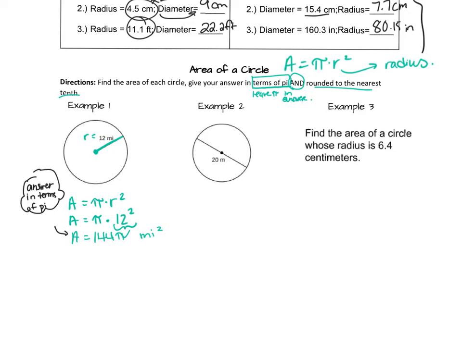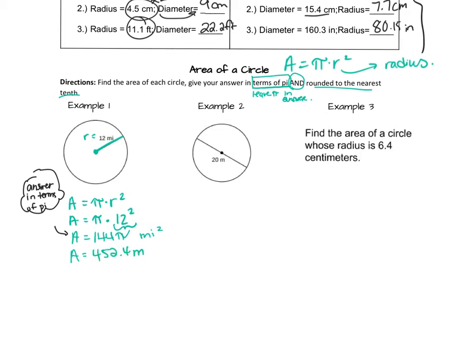And if they ask you to find the nearest tenth, we have to then use the pi key on our calculator to get our answer rounded to the nearest tenth. So you type in your calculator 144 times pi, however I told you before. And I have 452.389, so we'd round that to 452.4.